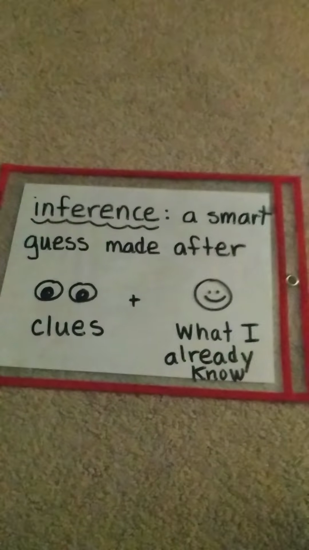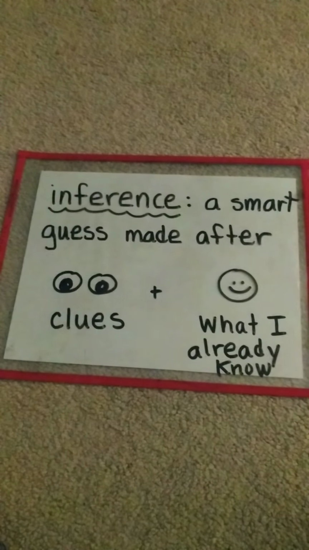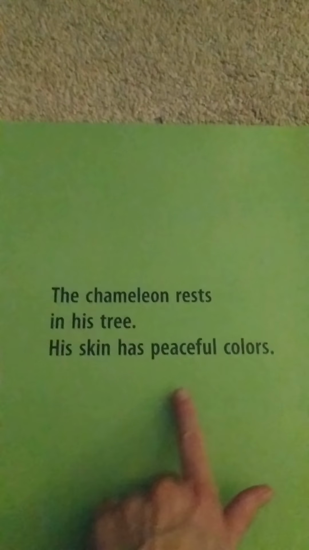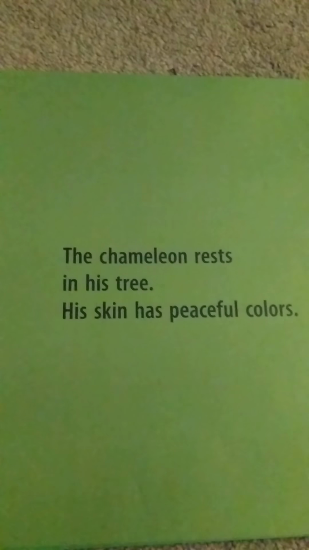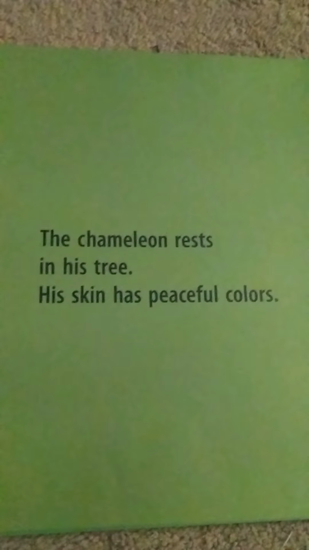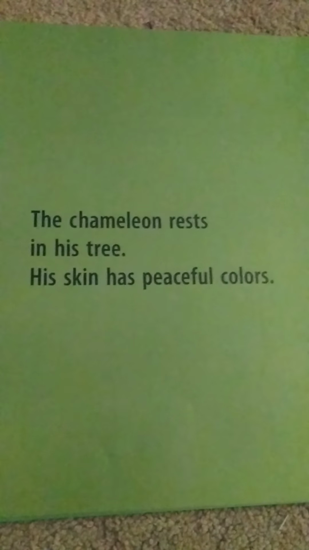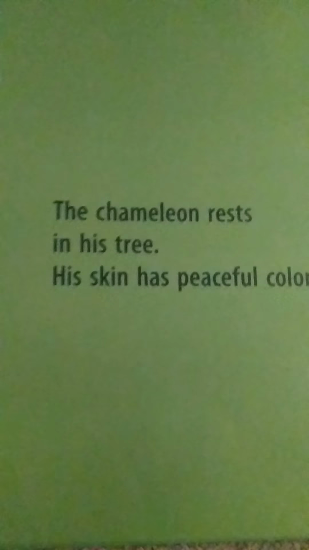And what I mean by that is sometimes when you're reading a text, which means the words in a story, the author doesn't tell you everything. So you kind of have to figure it out. And you can do this by looking for clues in the words and also looking for clues in a picture.